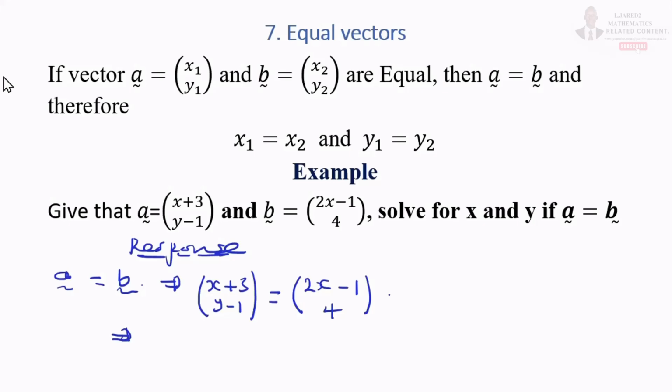What does it mean? It means that also x plus 3 equals 2x minus 1. So we can simplify this so that we can find the value of x. So this implies that our x plus 3 is equal to 2x minus 1. Let's now collect like terms by bringing the x on the left hand side.